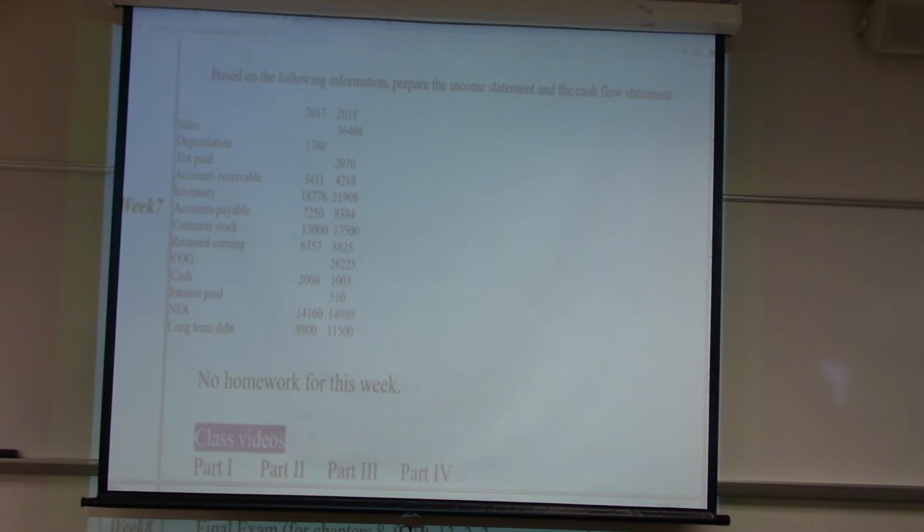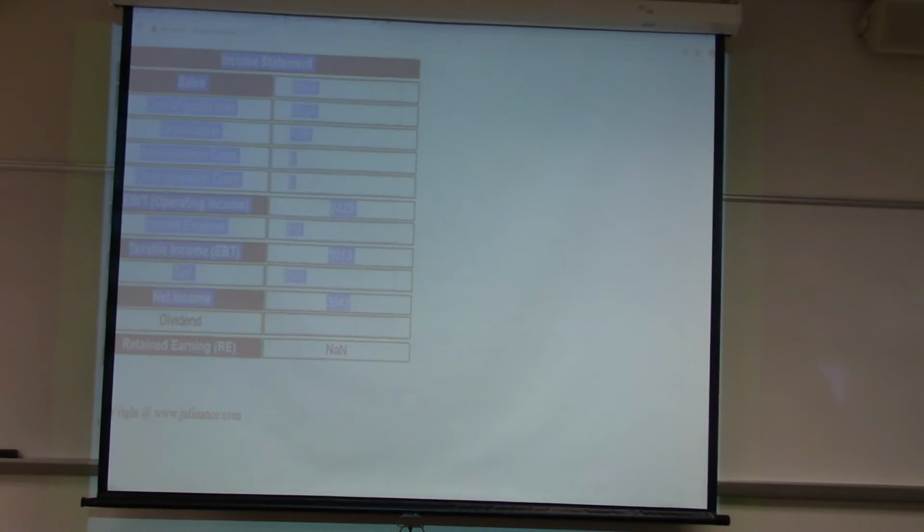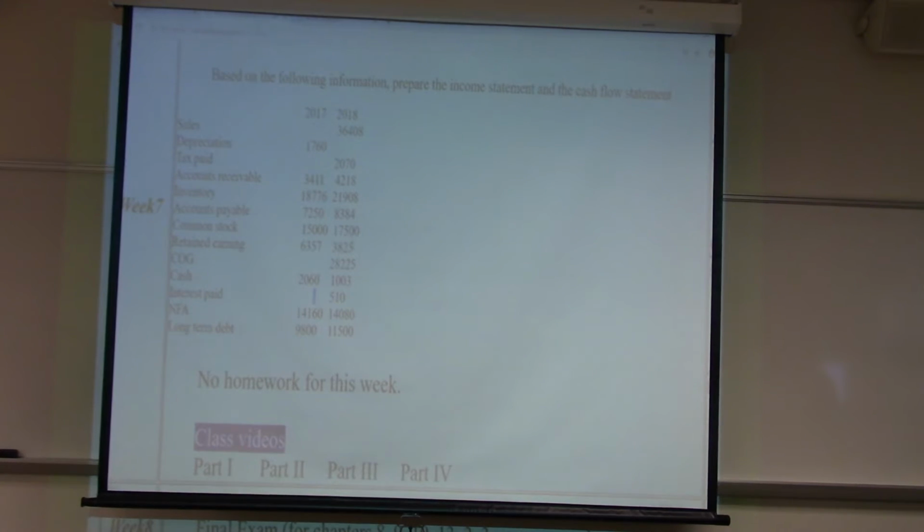Retained earnings, see, over here. This is how much money you put away or you take out from your bank account. So retained earning in 2018 equals the change between this number and this number.